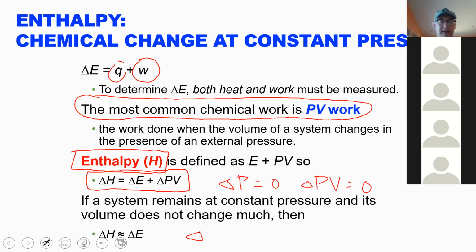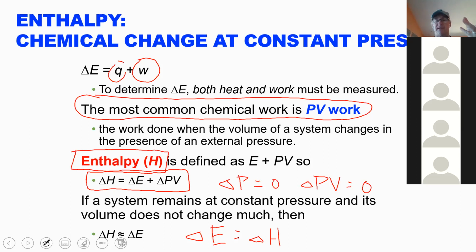So if we want to calculate change in energy in chemistry, we calculate enthalpy. Enthalpy basically means change in energy, except for some very rare circumstances when we're changing the pressure.